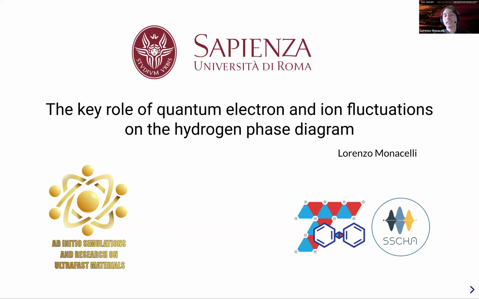In this case, since hydrogen nuclei are the lightest nuclei of all, we really need to take into account the fact that they are quantum particles, quite heavier than electrons, but still it's important to account for the quantum fluctuations.